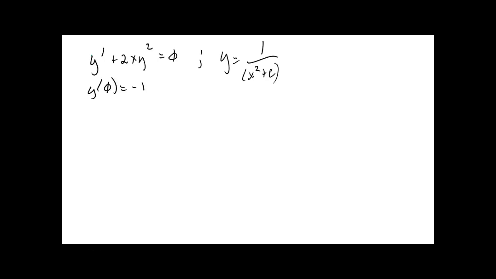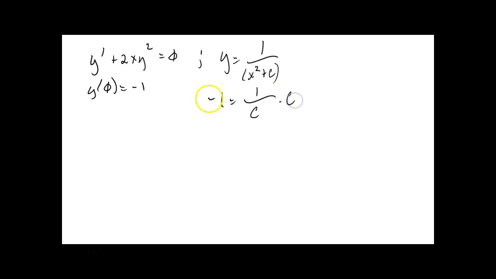Okay, so let's proceed with this. What we want to do, with that being the solution, we want to impose this initial condition to see what C is. So what would you do? Negative 1 is equal to 1 over C. Okay, means yes in Spanish. What does that give us?